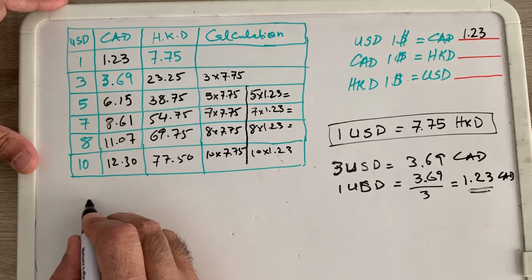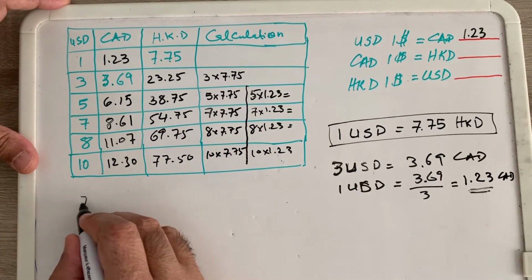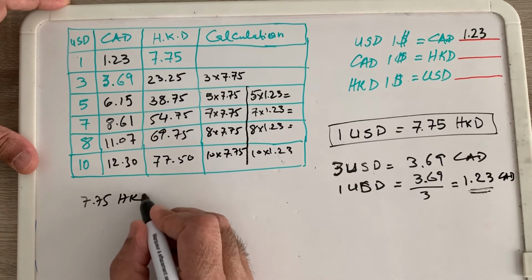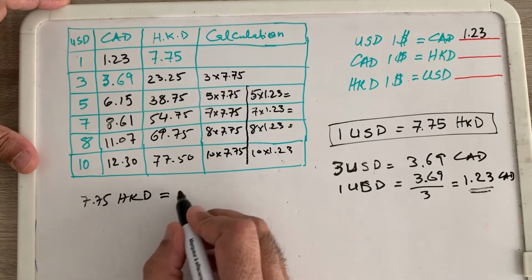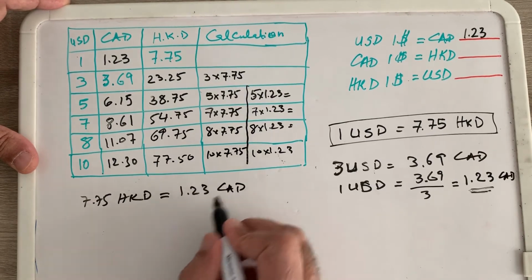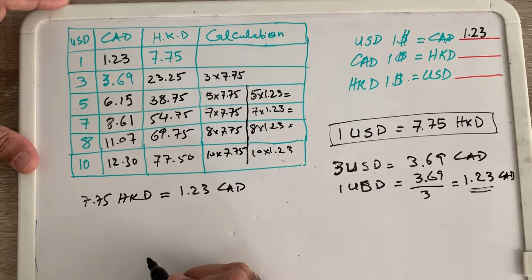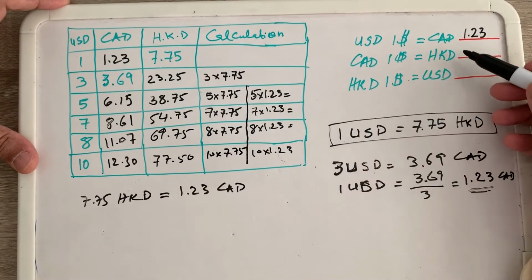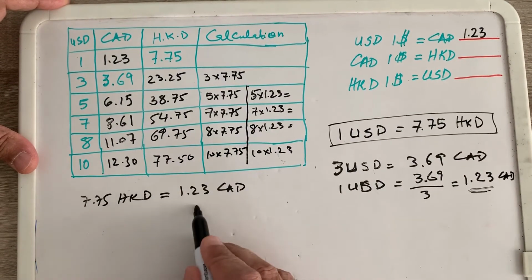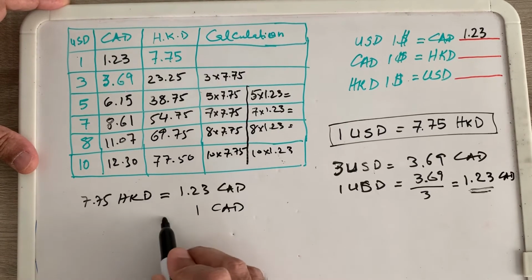It is shown that 7.75 HKD, Hong Kong dollar, is equal to 1.23 Canadian, right? And I want to find out what 1 Canadian equals in HKD. What is my multiplying factor, all right? So I will say 1 Canadian will be equal to, what is my multiplying factor?